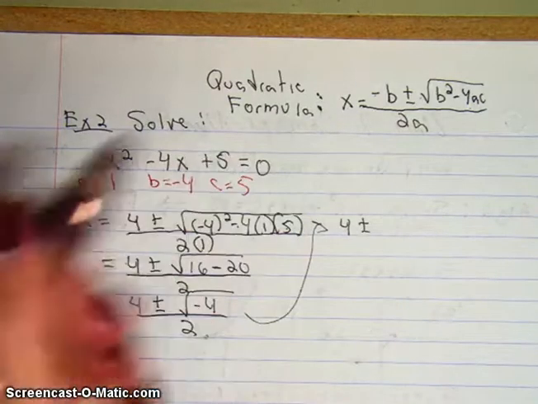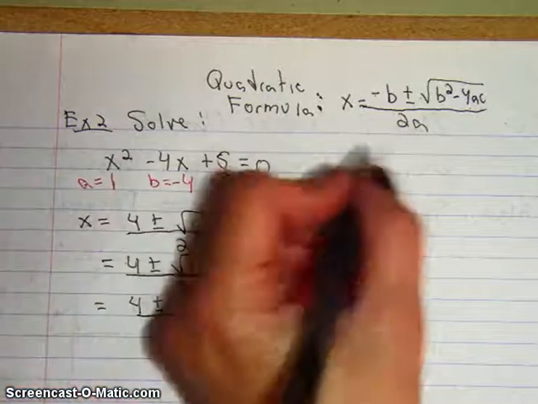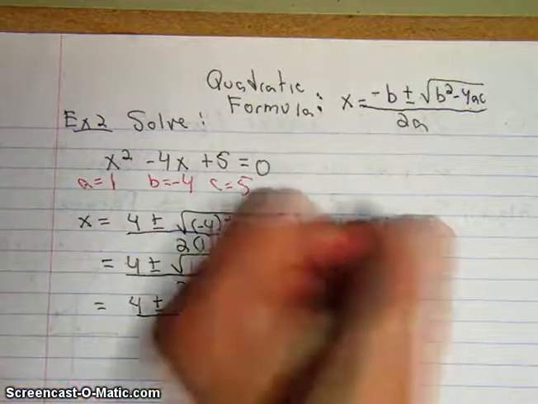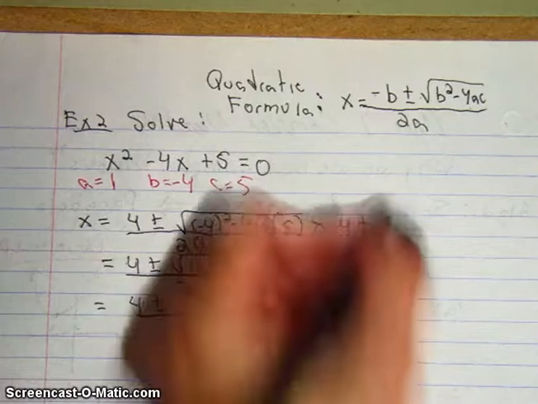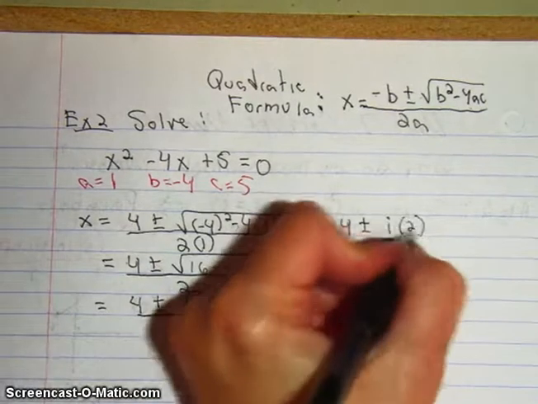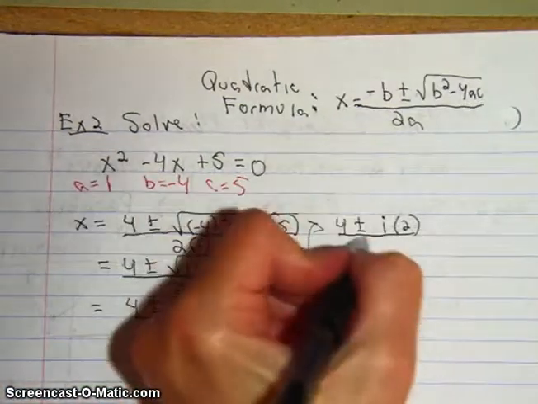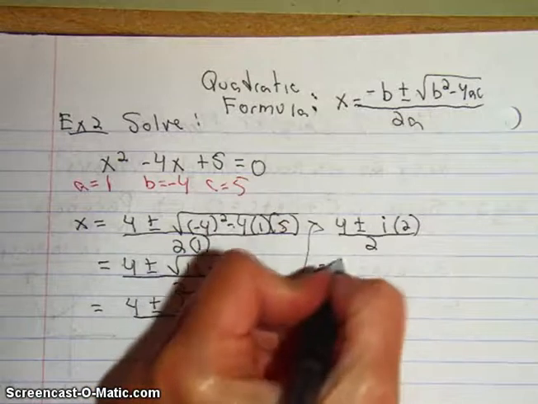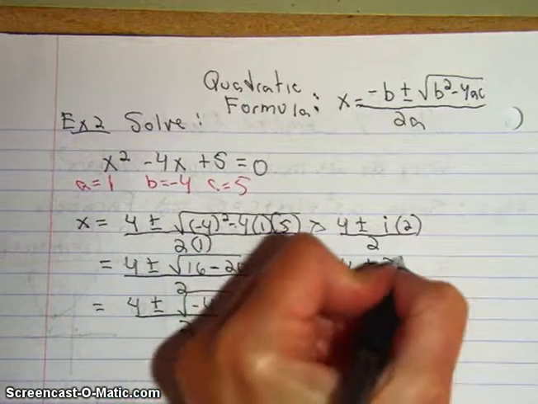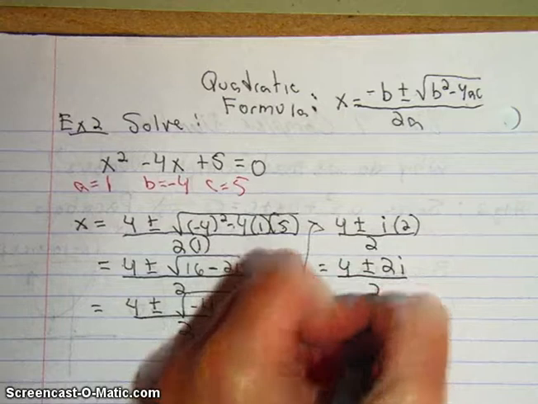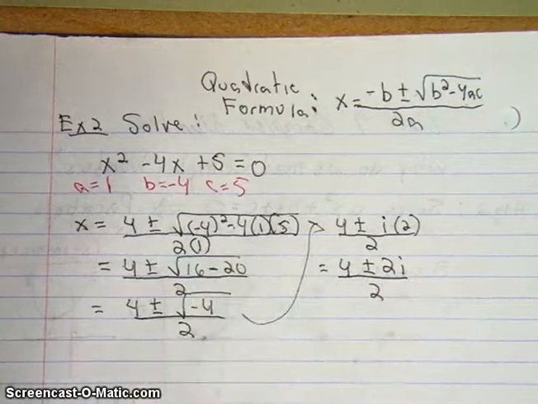The letter, of course, not the real eye. Okay? So we have i, and then square root of 4, gang, is 2, all over 2. So that's 4 plus or minus 2i all over 2. There's one last thing to do.